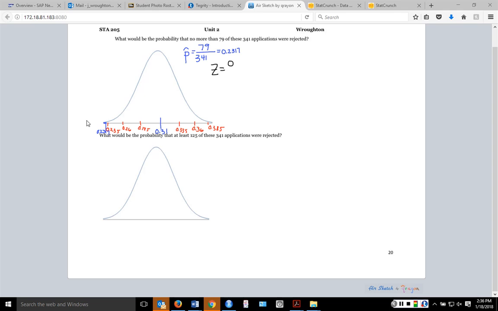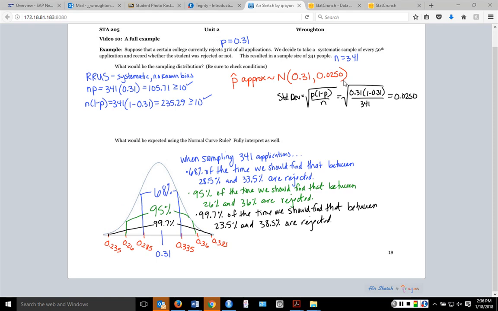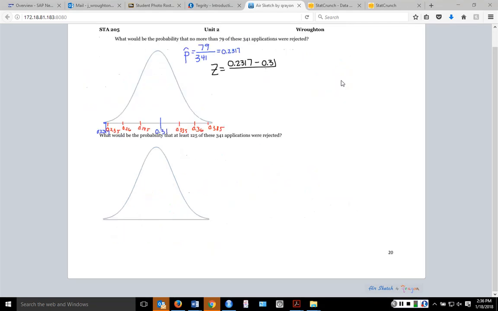So now I can calculate my z. We need our p hat, 0.2317, our mean, which is 0.31 where our graph is centered, and our standard deviation, which we calculated to be 0.025, which is also our little increment along the bottom there. And we get a negative 3.13.